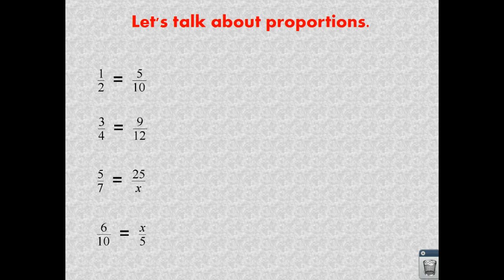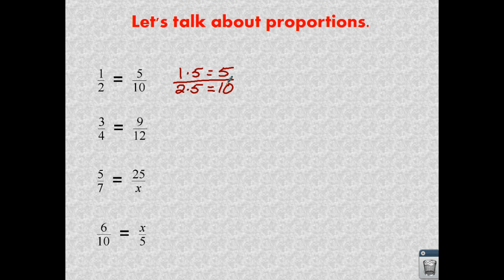Well, you multiplied both the numerator and the denominator by 5. So 1 times 5 is equal to 5, and 2 multiplied by 5 also gets you 10. So the equivalent fraction to 1/2 is 5/10.